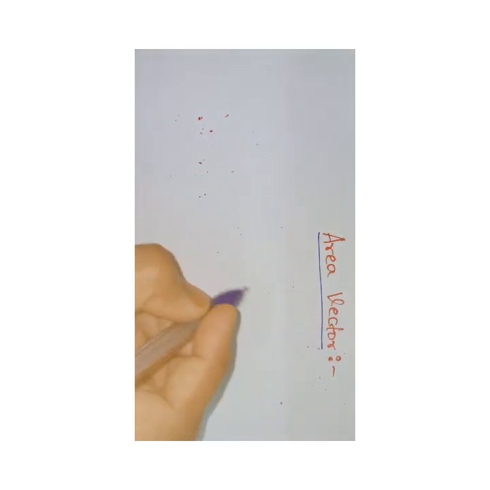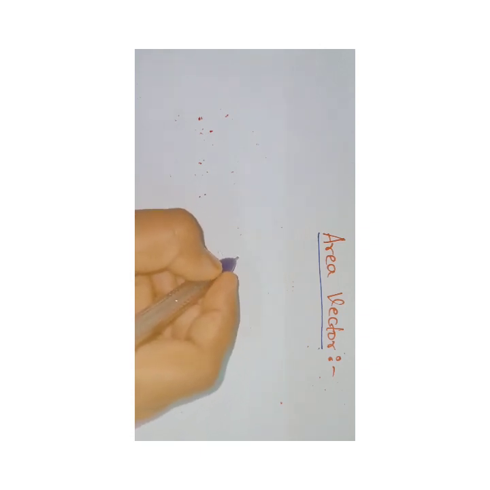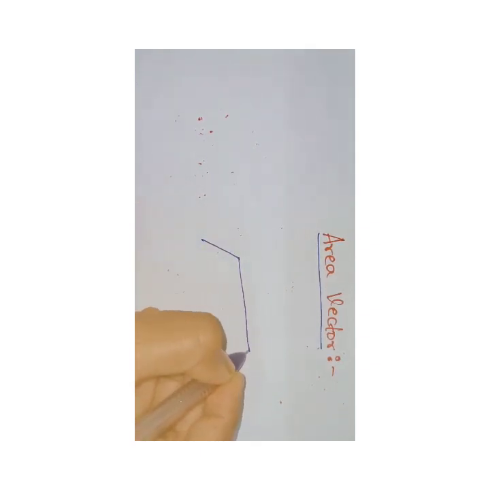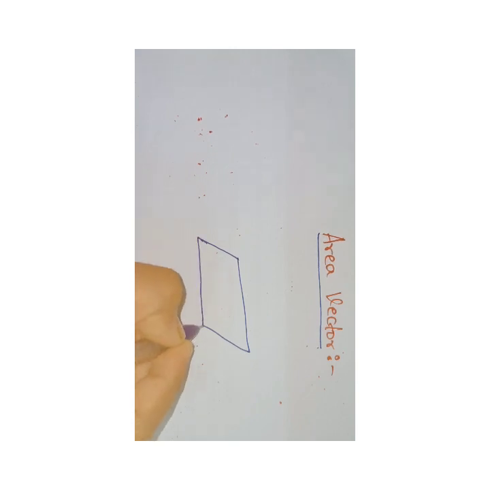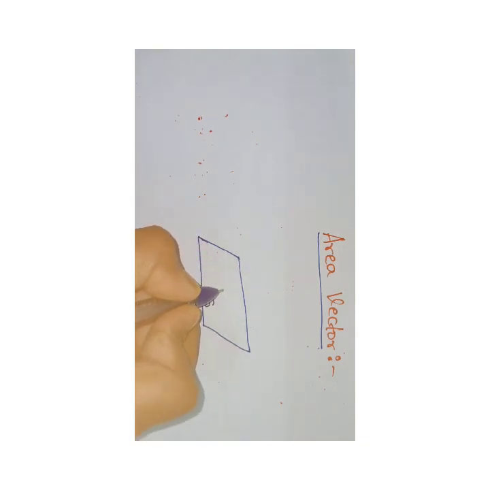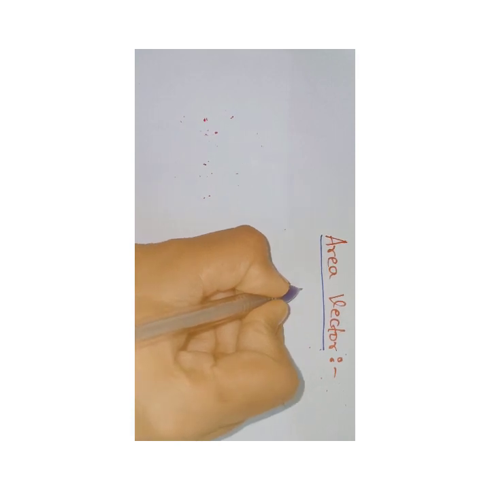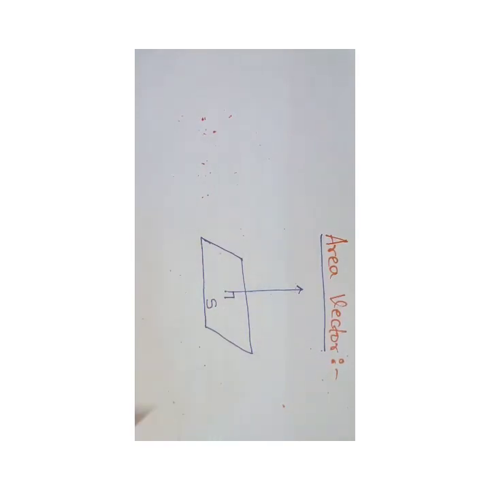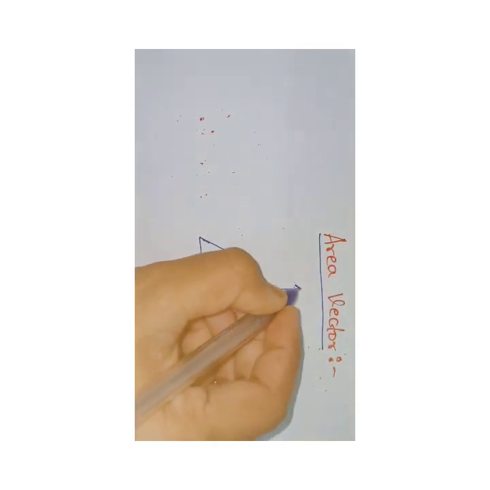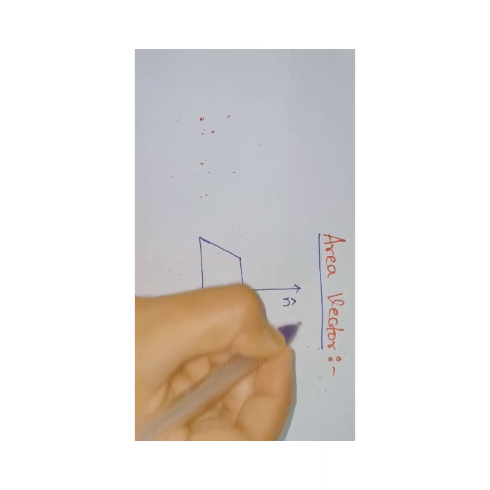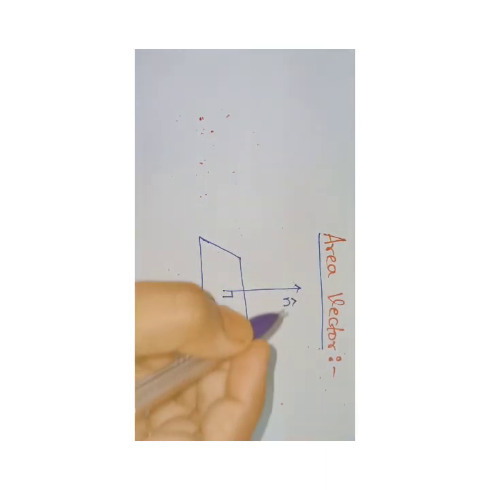Yes, then what is the area vector? Suppose this is the plane, we have placed it in this way, right? This is the plane surface. Okay, so how are you going to give the direction? The direction of this plane will always be perpendicular to this surface, and this direction is denoted by the unit vector n cap.